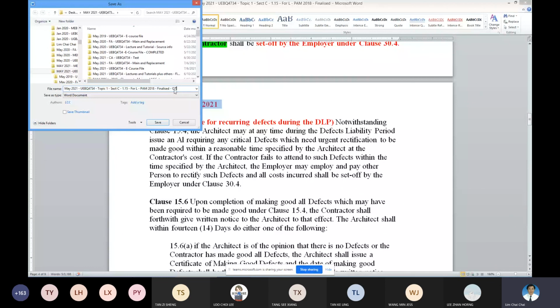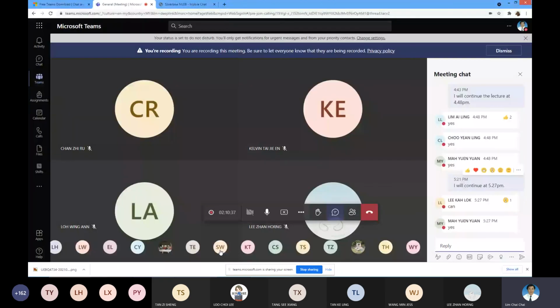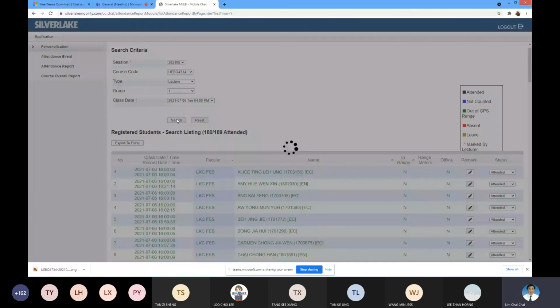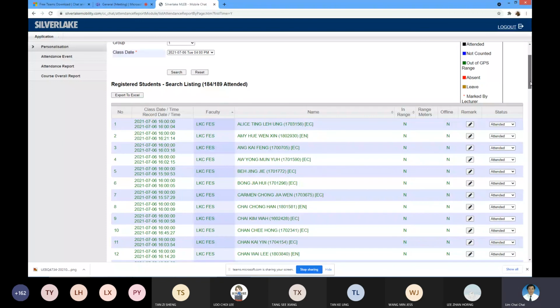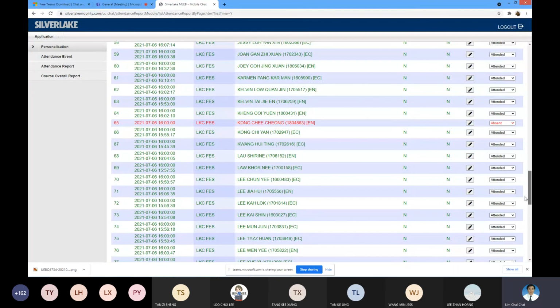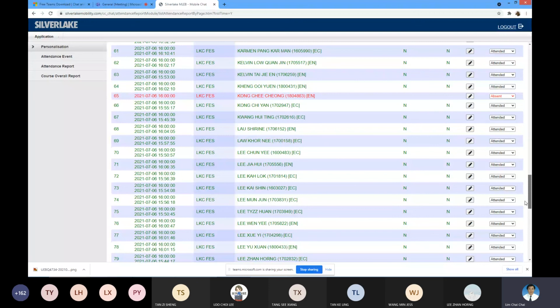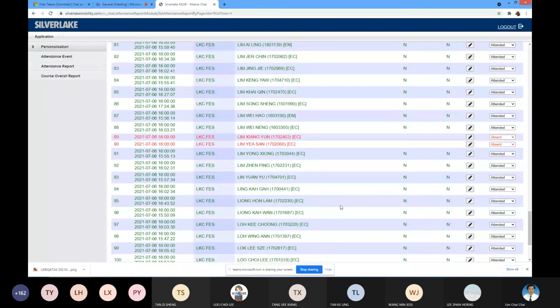Okay, so now we look at the attendance list. 184. 5 of you are still absent. There are 5 of you absent. Kong Chi Cheong, Lim Xiang Yun, Lim Yi San, 3 already.